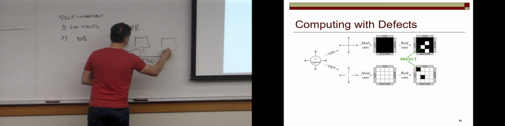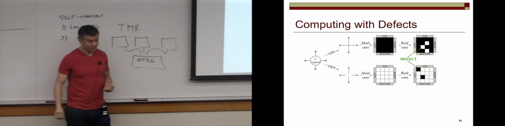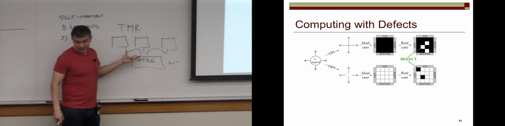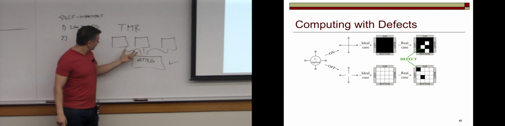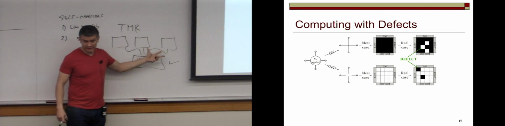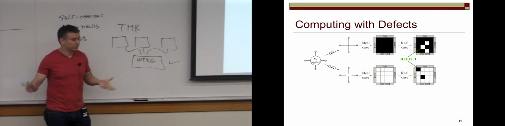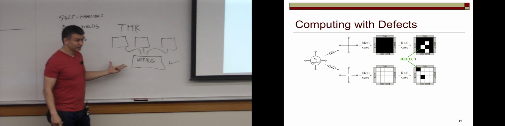The voting circuit takes all 3 copies, and if all 3 agree, great. But if they disagree, then it chooses the best 2 out of 3 as the winning proposition. So that's one basic technique. It's ubiquitous in computer systems. But there's an inherent weakness with this.